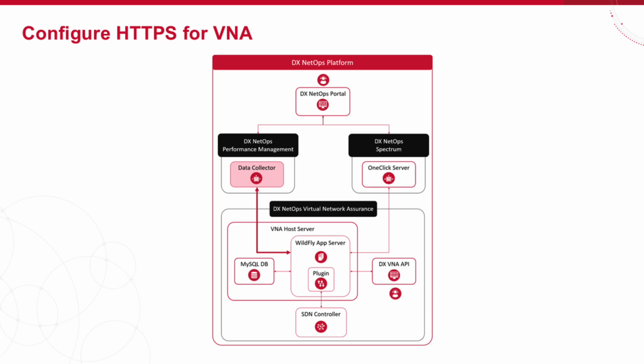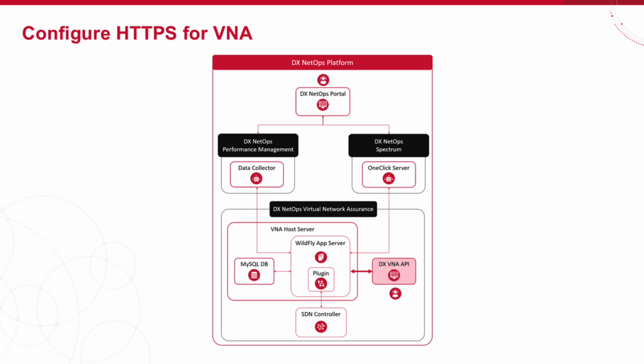For example, to send data to performance management, a VNA server is connected to a data collector, and VNA sends SDN data to the data collector, where the data is then aggregated into the performance management data. In this scenario, VNA acts as the publisher of the SDN data, and the data collector acts as the subscriber of the SDN data. When HTTPS is configured for VNA, the connections are secured between each VNA server and each of the subscribers to the data.